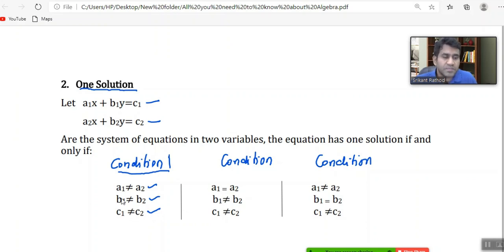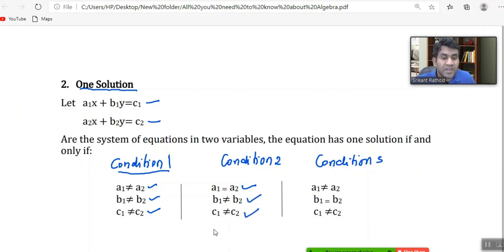Sometimes a1 may be equal to a2, but if a1 is equal to a2, then b1 should not be equal to b2 and c1 should not be equal to c2.